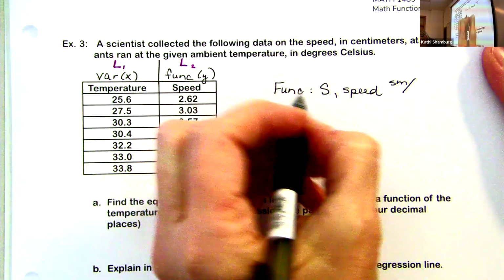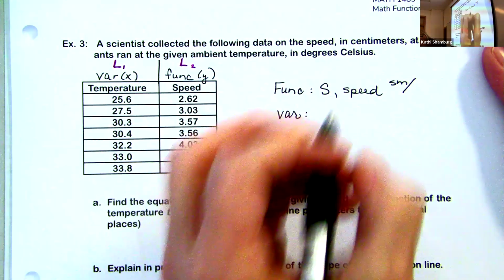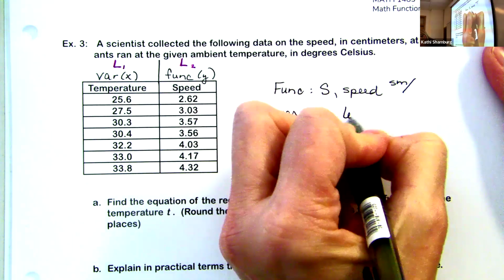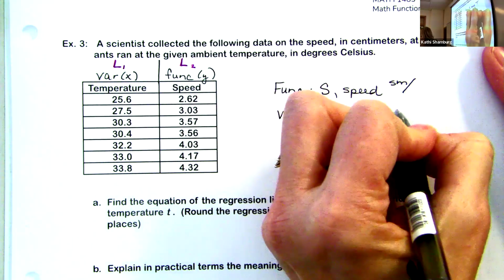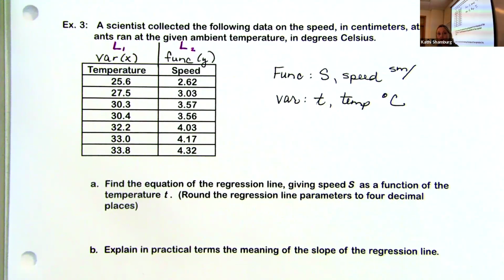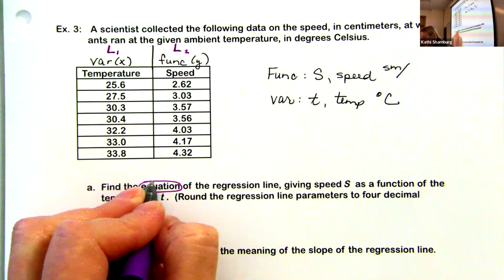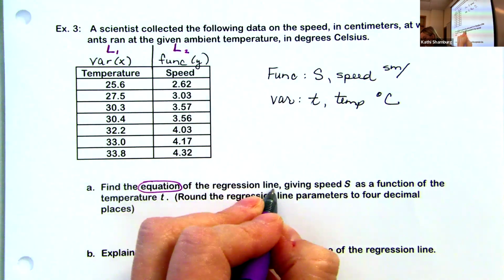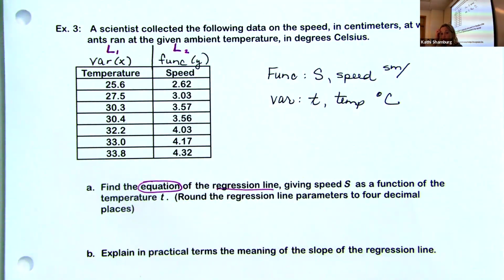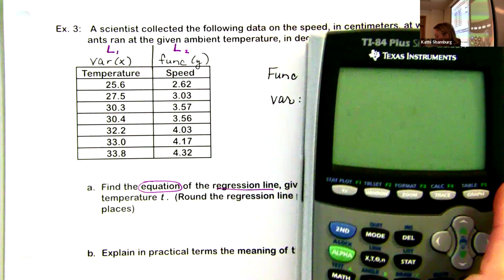And then we know the variable, the temperature, degrees Celsius. Okay, all right. Now, this says find the equation of the regression line. So in this one, I'm going to assume it's not exactly linear. All right, so this is where we can go to our calculator.